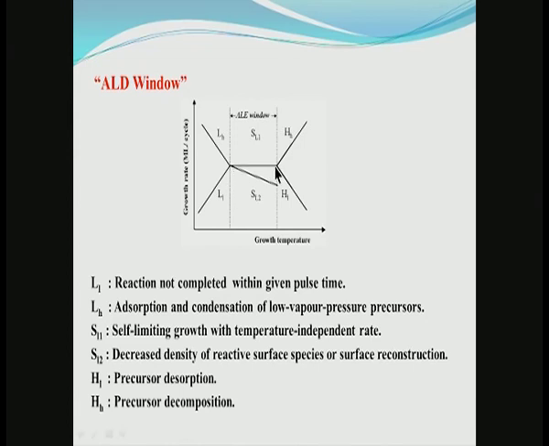For every pair of ALD reactants, one has to examine and identify the ALD window where the growth is independent of temperature, because to have a controlled process, and therefore to determine the number of layers one wants to get a given film thickness, it is ideal to operate in this ALD window region where the growth rate per cycle is independent of temperature.